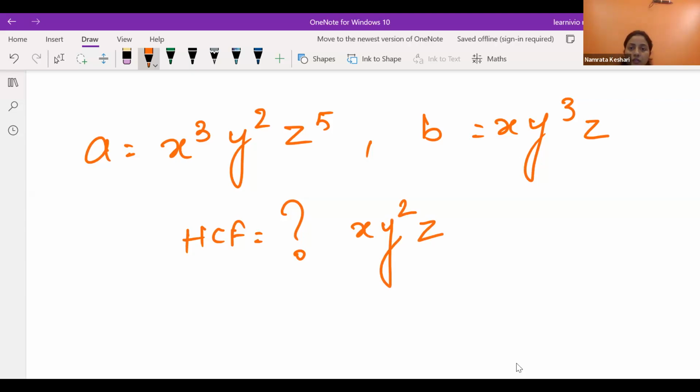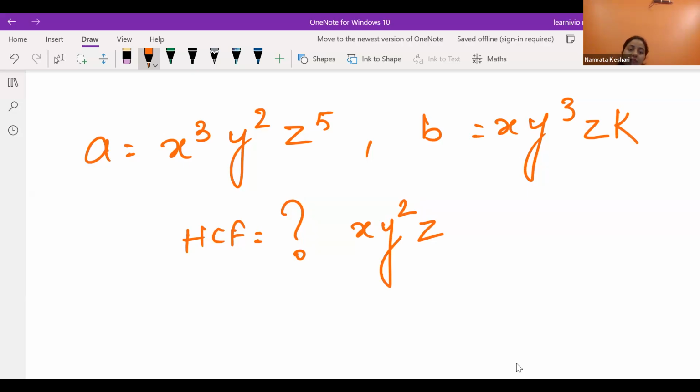Yeah. Okay, it is the least power of x, y square, and the least power of z. Suppose I would have written k over here, then what will be the HCF? X y square z. Still, yeah.